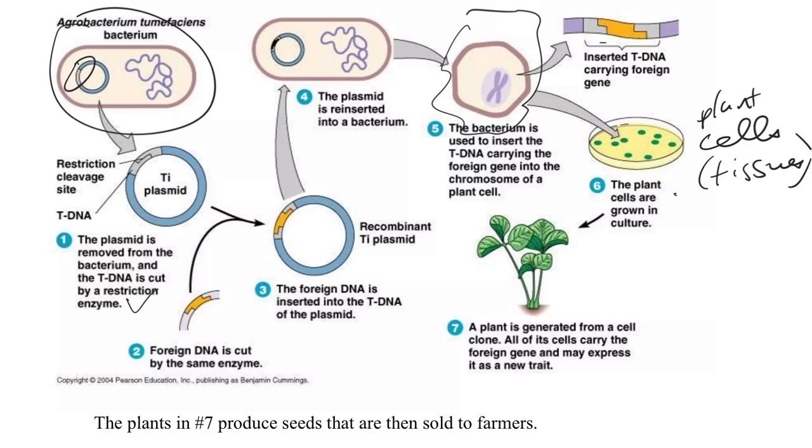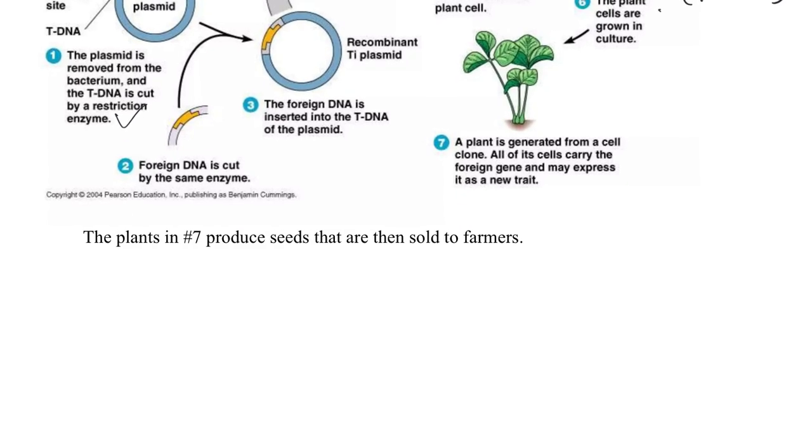The Bt bacteria doesn't invade plant cells, so you put it into bacteria that does. Okay, so then you let those produce seeds. You grow those outside. You let them produce seeds, and then you sell those seeds to the farmers.